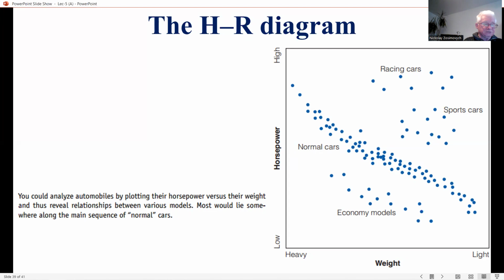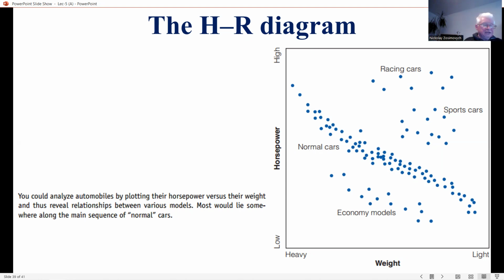sort automobiles. You can plot a diagram such as this figure, showing horsepower versus weight for various makes of cars. In general, the more a car weighs, the more horsepower it has. Most cars fall somewhere along the sequence of cars, running from heavy, high-powered cars at the upper left to light, low-powered models at the lower right.